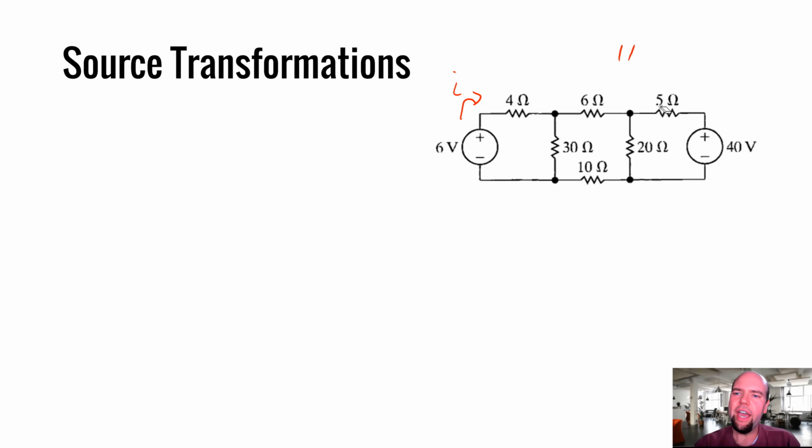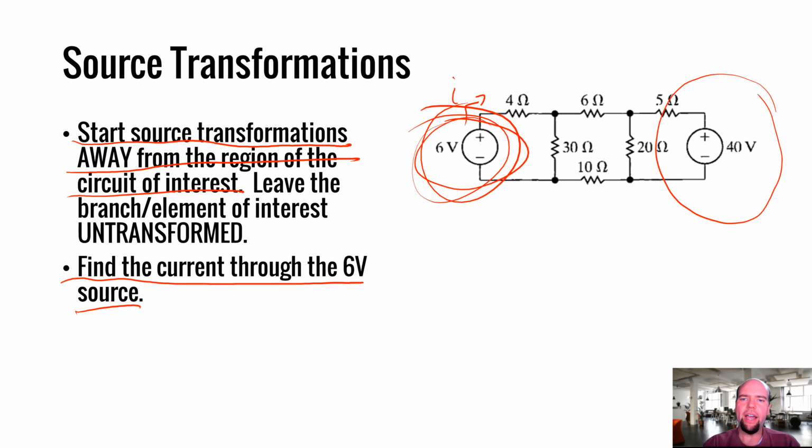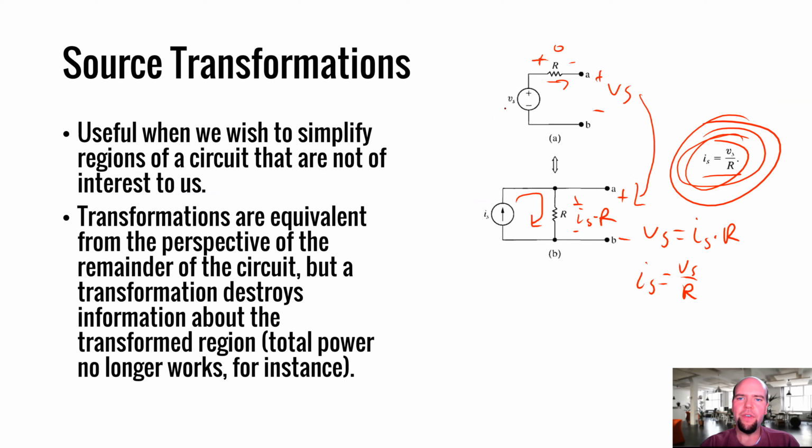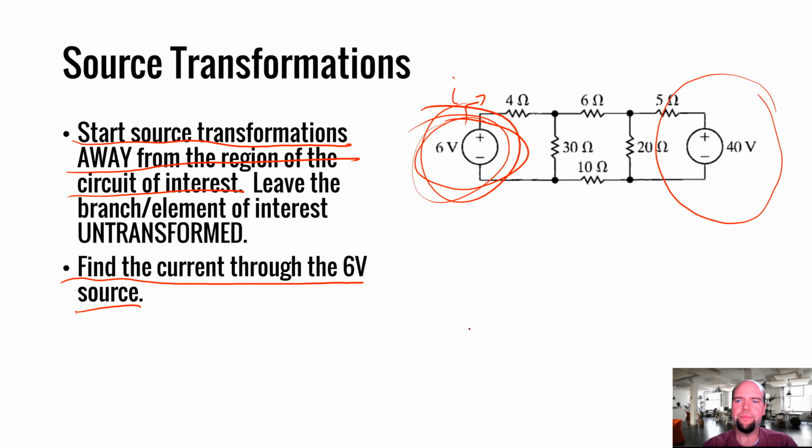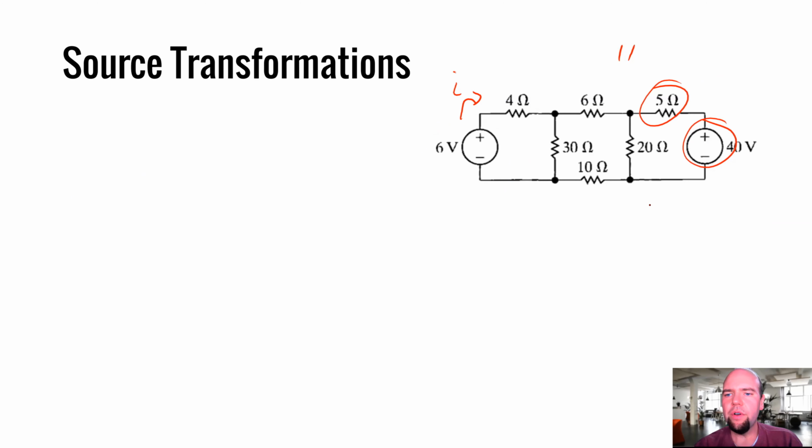So we have a 40-volt voltage supply in series with a 5-ohm resistor. What is that equivalent to? Well, if we go back, Vs is 40, R is 5, that's going to be equivalent to Is, where Is equals Vs over R. That's going to equal 40 over 5, which is 8 amps.